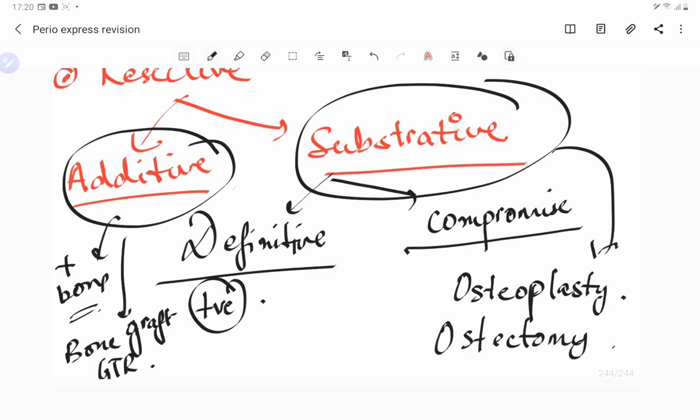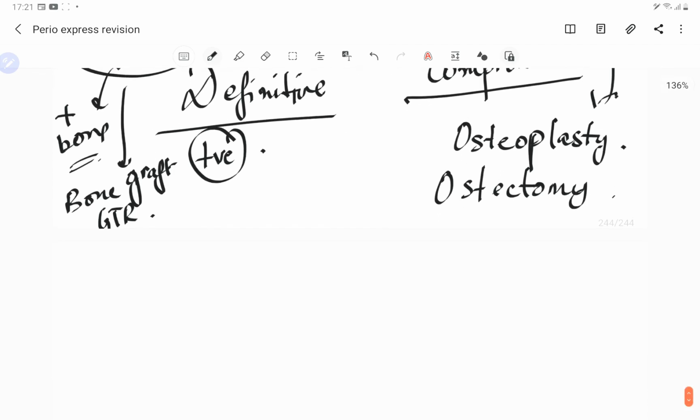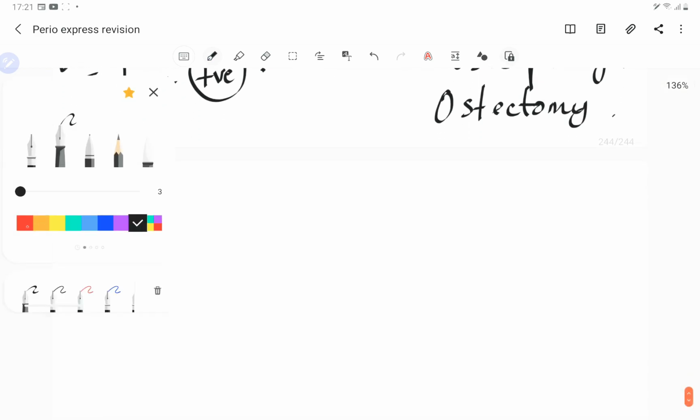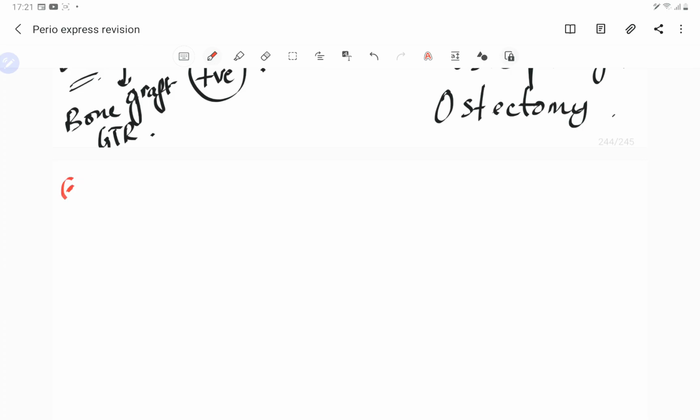In osteectomy we are removing the bone, and along with that we are removing the tooth supporting bone, in order to get the desired results. So these are the resective osseous surgeries. Now at least you know in which situations you have to remove the bone. Not always do you have to put a bone graft for an osseous defect. In some situations you have to remove the bone as well in order to get the desired results.